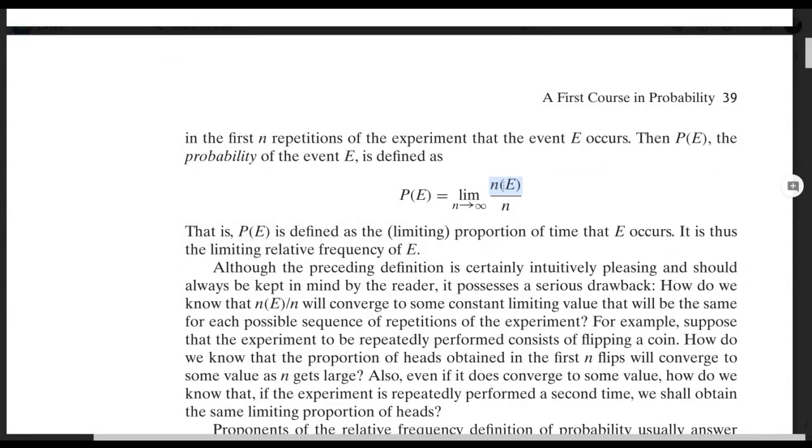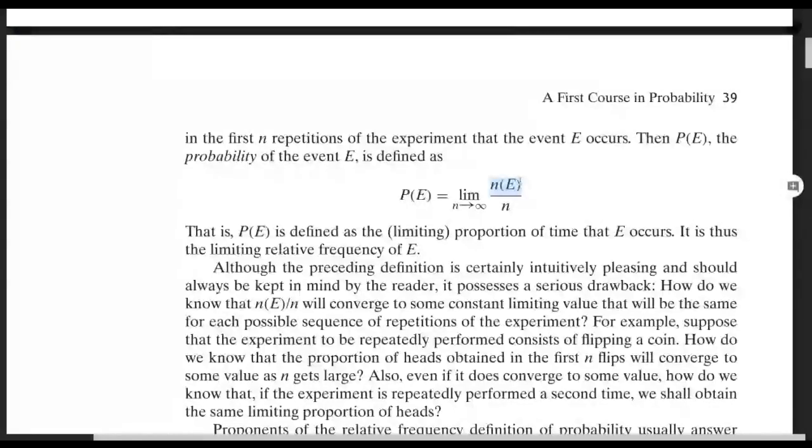You see this N of E, but this N, why do they use two same N's? This N represents a number that goes to infinity. Just don't mix up these two N's, all right?